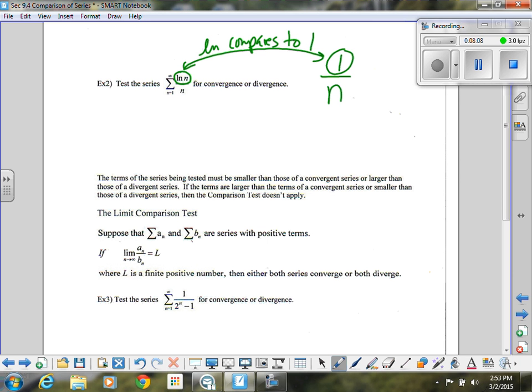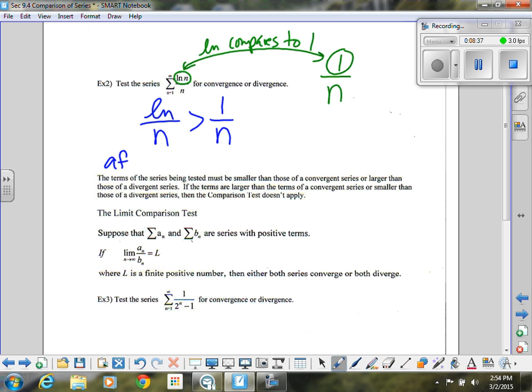Well, after we get, say, e, natural log is always going to be greater than 1. So after how many terms do we have to go to get ln greater than 1, then we're going to have our ln of n greater than 1 over n.